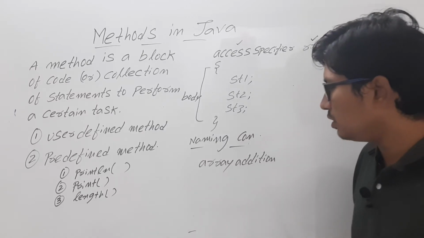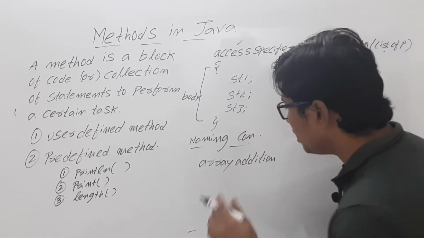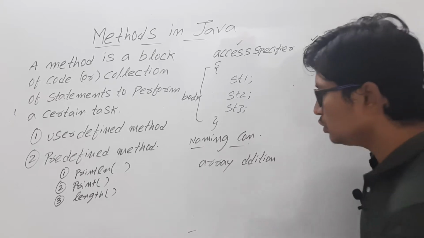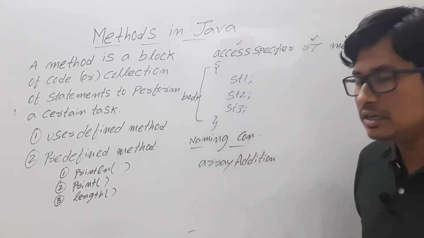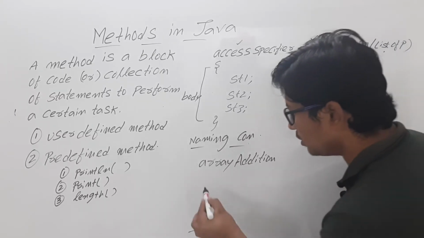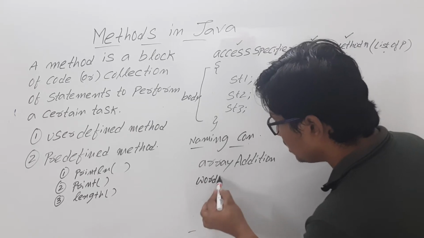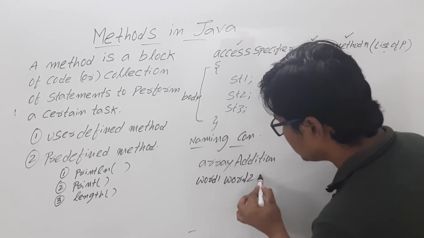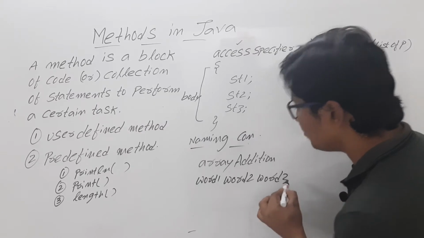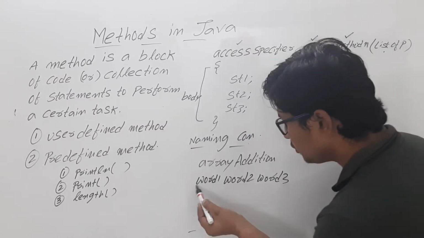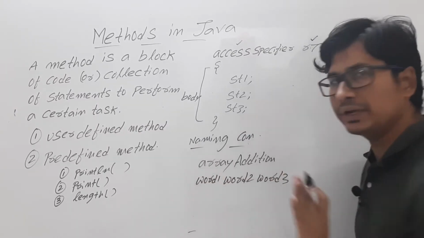If it is 2 words, the second word's first character you should make a capital letter. So if you have multiple words such as word 1, word 2, word 3, as a name for a method, the first word's first character will be lowercase.